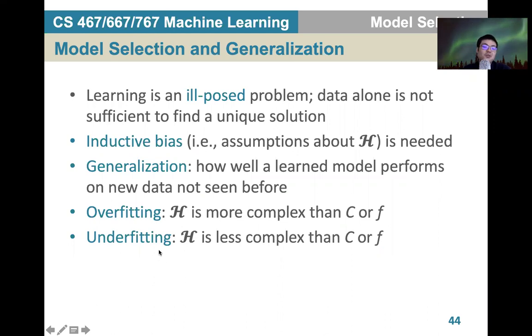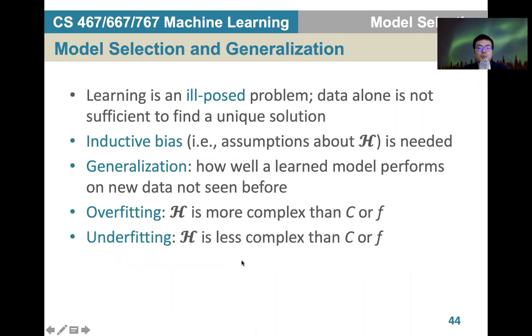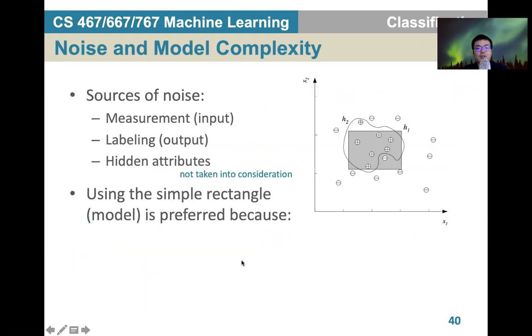When it's underfitting, your model is too simple, so it is not expressing the data. Let's go back to a previous example.